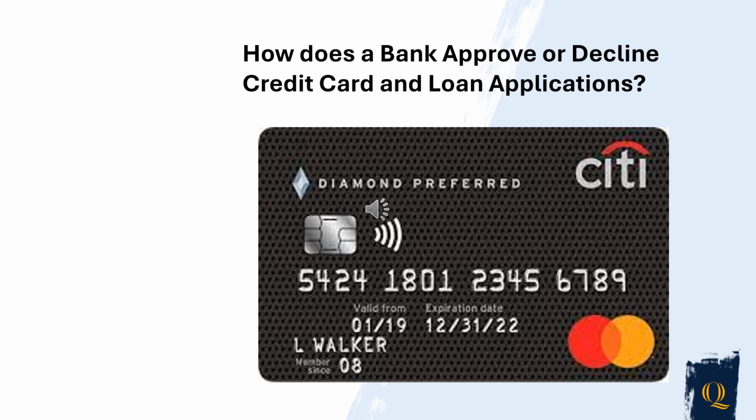When you submit your application, whether for a credit card or a loan, the bank uses a predictive model to make an instant decision. The model has been trained on a large data set of past applications, analyzing factors like your credit score, your income, your financial history, to predict whether you're likely to repay the loan. In just a few seconds, the model classifies your application, either approving it or declining it, based on patterns it has learned from previous applicants.